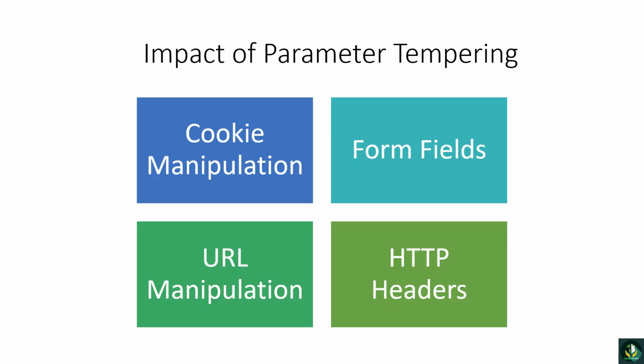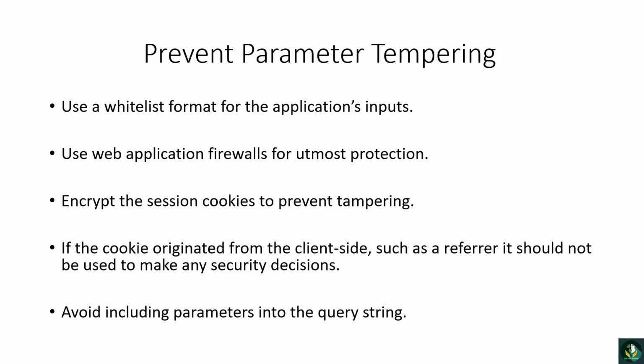So how can we prevent this parameter tampering? Parameter tampering can be prevented by the following means, as you can see in this slide. Use a whitelist format for the application's input, use a web application firewall for the utmost protection, and encrypt the session cookies to prevent tampering.